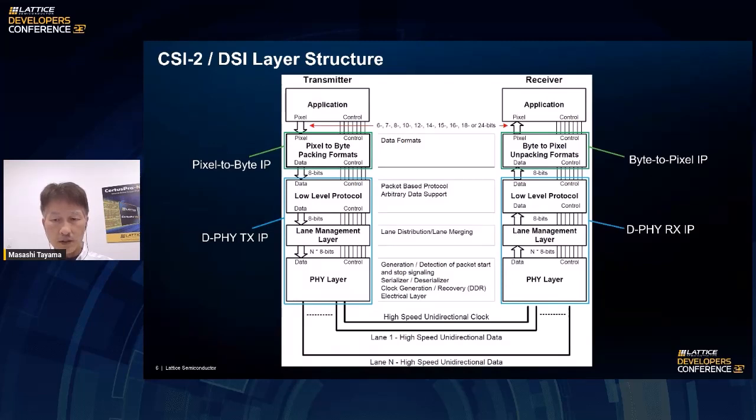After that, data is packetized and serialized in the PHY layer and sent through sub-LVDS connection to the receiver side. The reverse operation is performed on the receiver side to retrieve the original pixel data. Lattice offers corresponding IPs like pixel to byte, byte to pixel, and also IPs for the transmitter and the receiver.